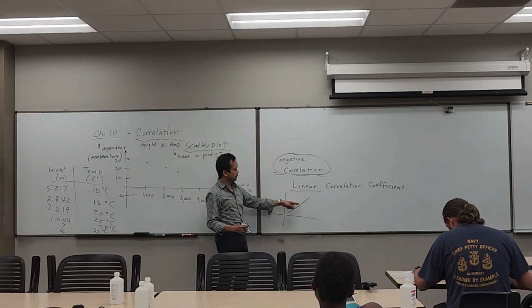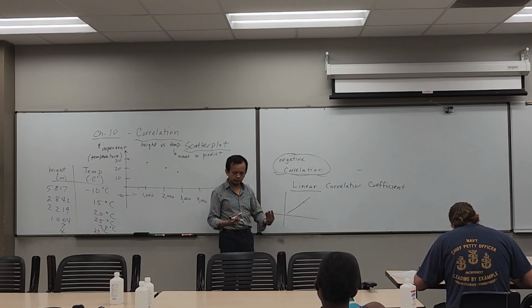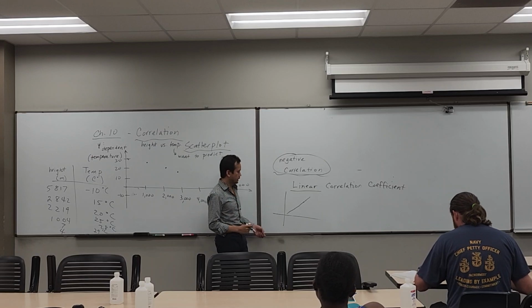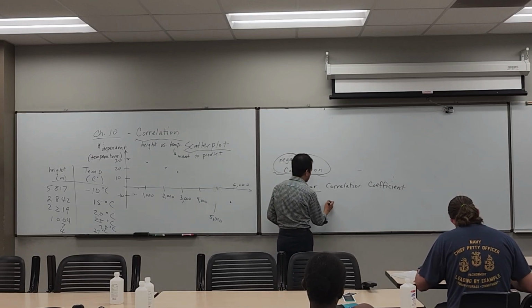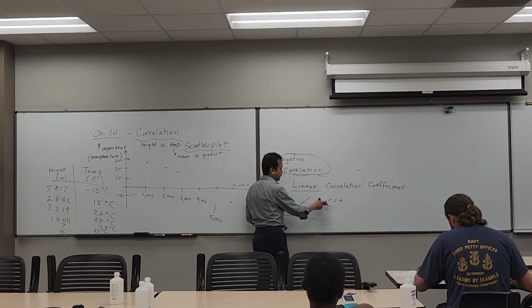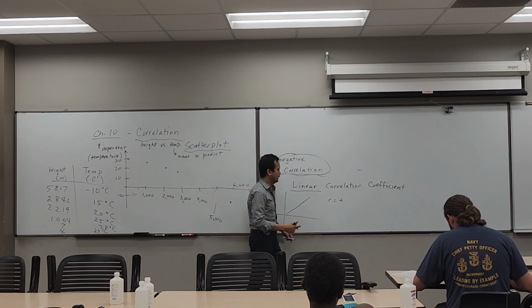So first of all, would this be positive correlation or negative correlation? Positive. Positive, okay. So as x goes up, y is going up. So, because it's positive, R, the linear correlation coefficient, will have a positive sign.